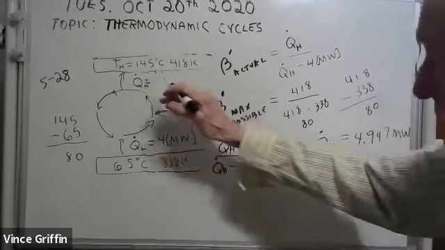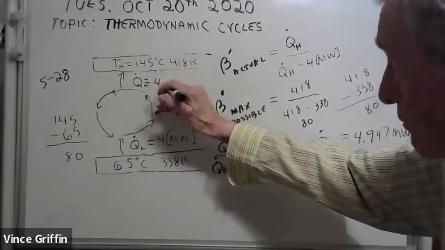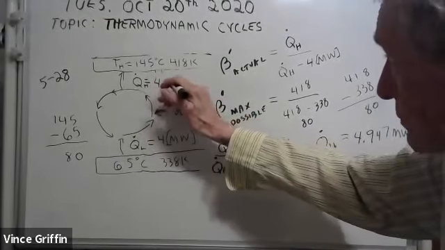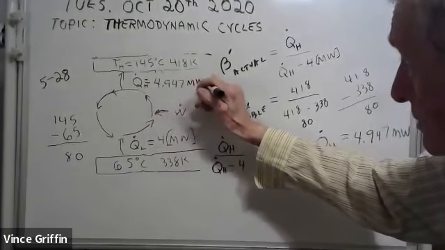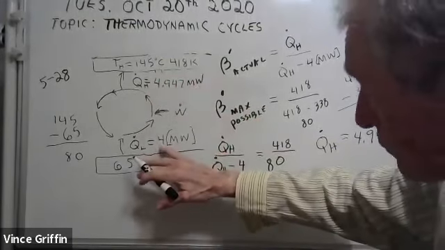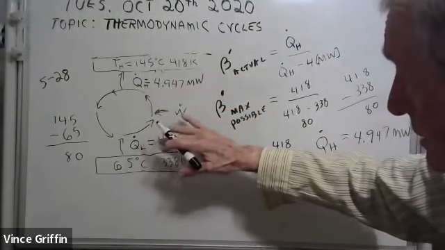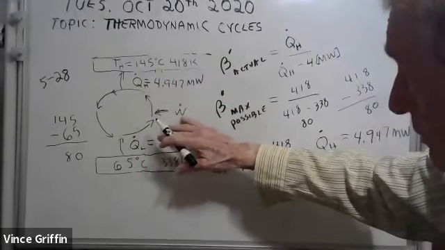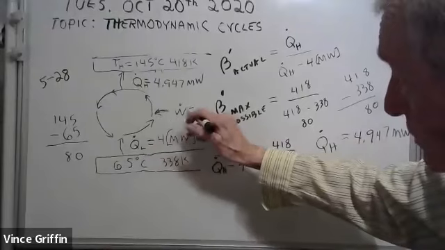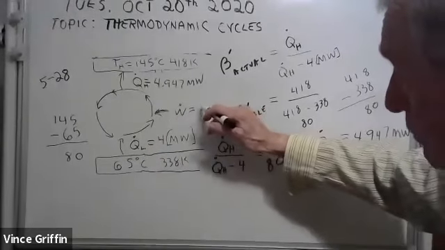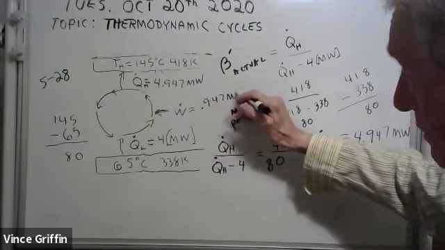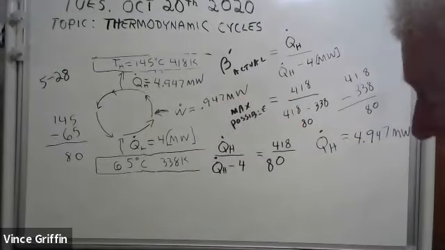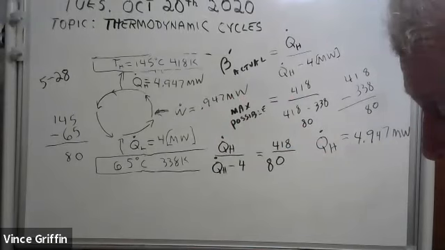So we know this is 4.947 megawatts. And we know this is 4 megawatts. So I can tell you what this power is. You know what it has to be? It has to be 0.947 megawatts. Right?